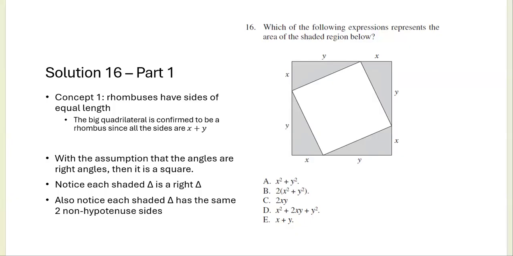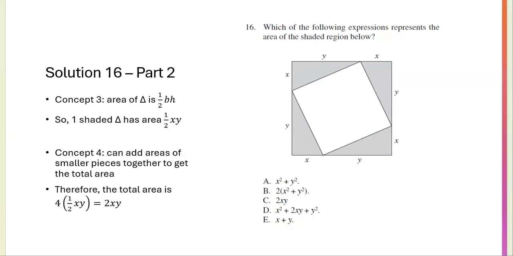That's our answer, okay? So half the base, which is y, times the height, which is x. That's down here. That's equal to 2xy. Okay, again, only because we made that assumption, this problem is actually really easy. If we cannot make that assumption that these are right angles, then this problem is unsolvable.